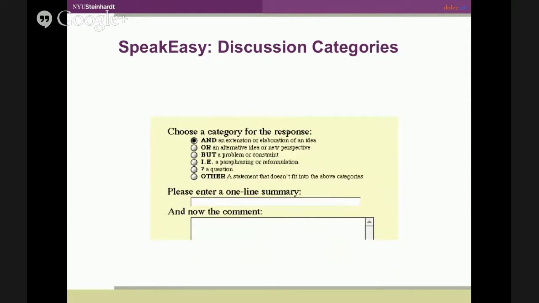And as with the Multimedia Forum Kiosk, these comments could be categorized in a way that was at one point shown by us to prompt reflection and to improve the quality of the discourse.